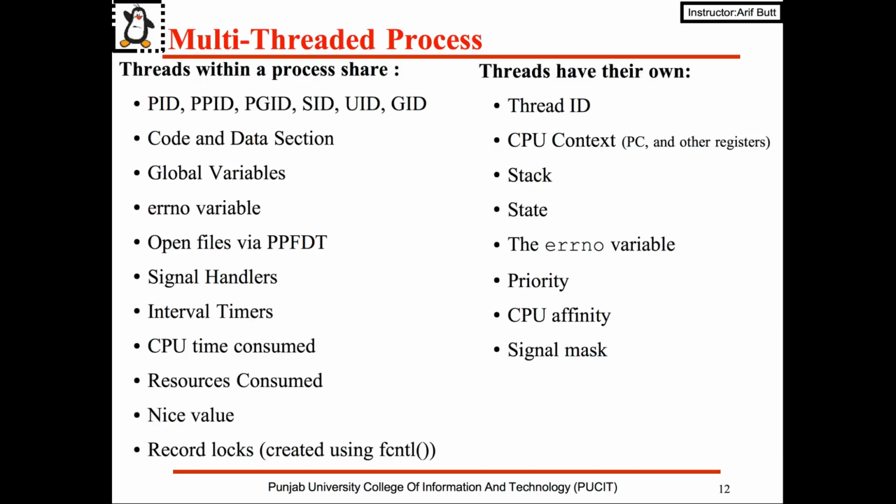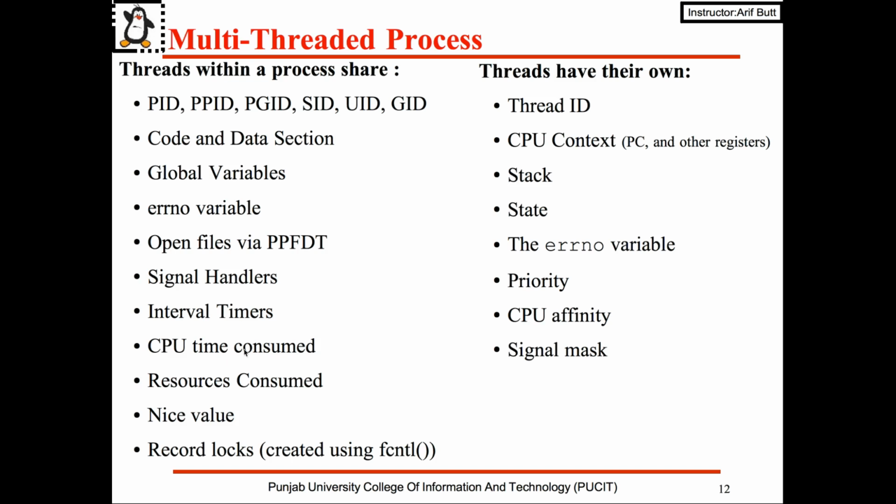Well, this slide shows the division of different process attributes in a multi-threaded process. All the threads within a process share their process IDs, the code and data section, and global variables. Well, this is a typo: the error number variable is normally not shared. Every thread has its own.